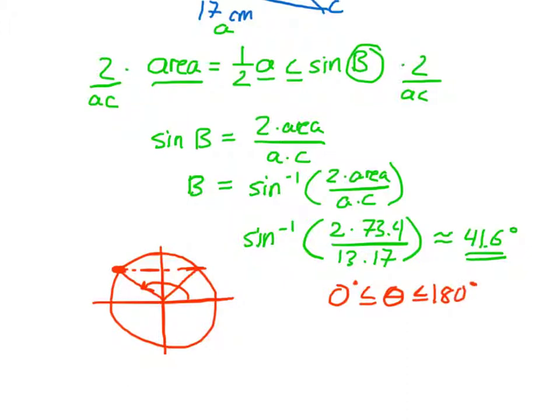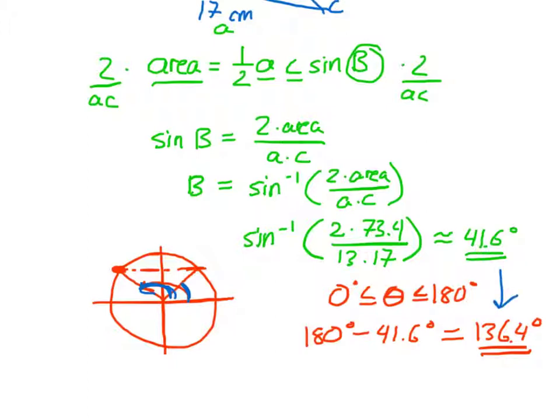To get the second answer here, I subtract 41.6 from 180 degrees. And my second answer is 136.4 degrees. Again, that's because this angle here and this angle here have the same sine value, and my calculator only gives me the one between 0 and 90 degrees, so I need to use the unit circle to calculate my second possible value for theta.